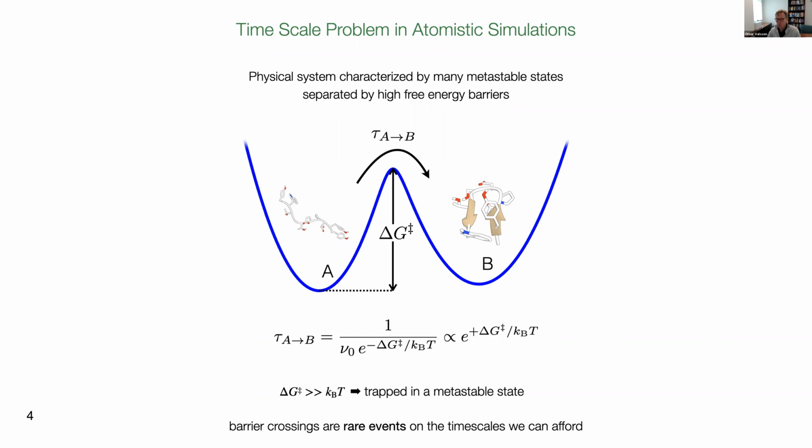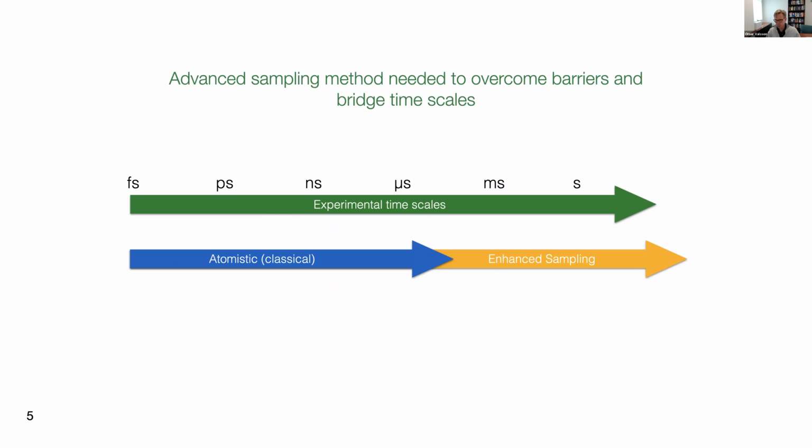The average time it takes to go between two metastable states scales as the exponential of the barrier height divided by the thermal energy. So if the barrier height is much higher than the thermal energy, the system will just be trapped in a metastable state. So we need more advanced sampling methods to overcome this and bridge timescales. And this is what we're going to talk about today.